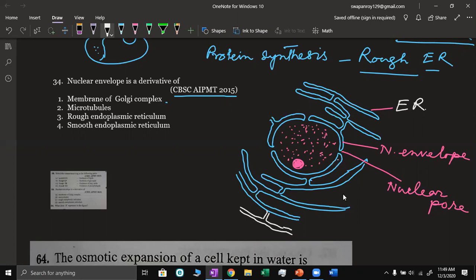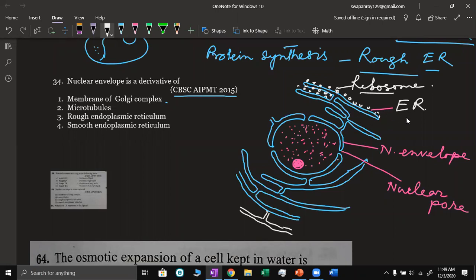On the endoplasmic reticulum we can see a beaded structure, the ribosomes.